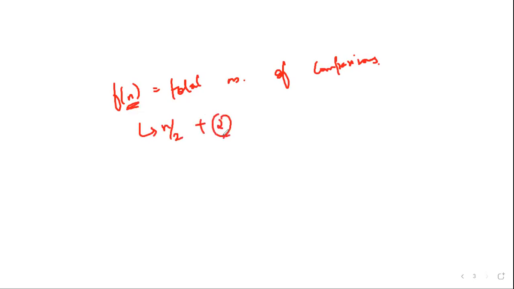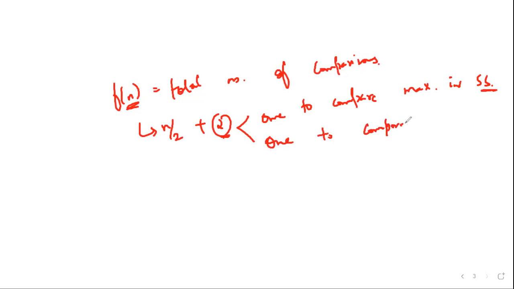So for this, if f of n is the total number of comparisons to find the maximum and minimum element of a sequence, then we can show that we have a problem of size n and we divide it into n by 2, where n is even, and we require two more comparisons: one to compare the maximum of the smaller sequences, and the other to compare the minimum of the smaller sequences.